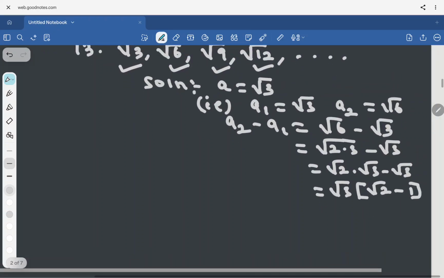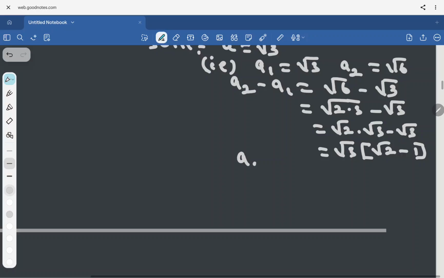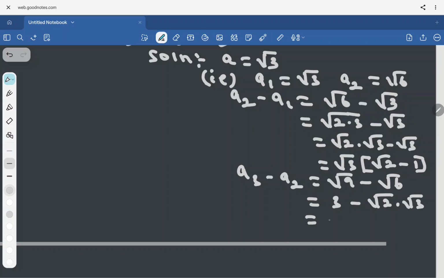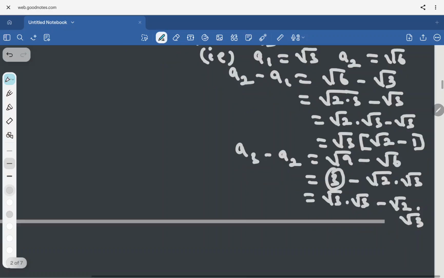Now find the difference a3 minus a2. a3 is root 9, a2 means root 6. Root 9 is 3, root 6 we can write as root 2 into root 3. Again this 3 can be written as root 3 into root 3 minus root 2 into root 3.